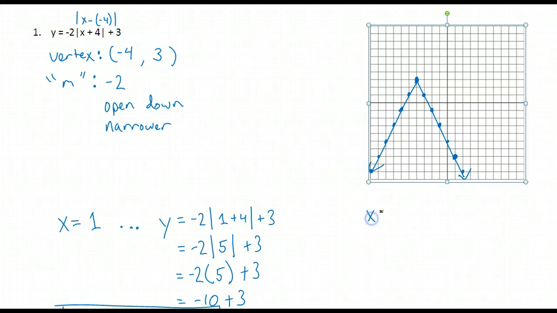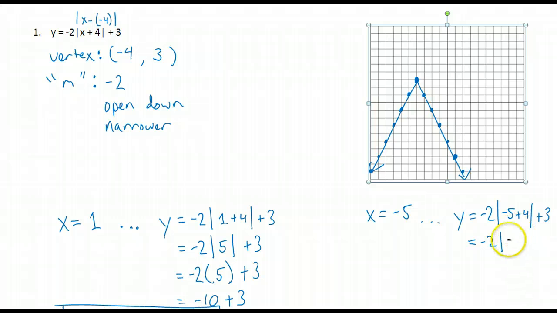What happens if x is negative 5? Well, I'm going to plug in negative 5 for x. Y is going to equal negative 2 times the absolute value of negative 5 plus 4, plus 3. Order of operations says do what's inside the grouping symbol first. Negative 5 plus 4 is negative 1. Now I can evaluate the absolute value. The absolute value of negative 1 is positive 1.